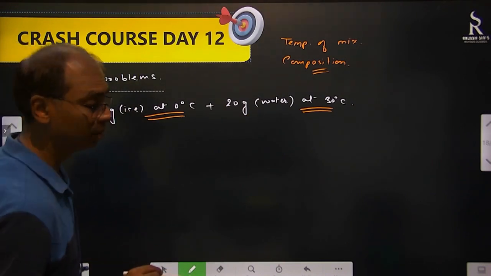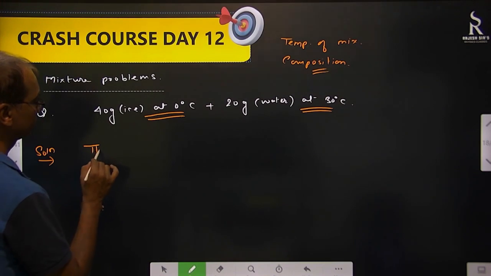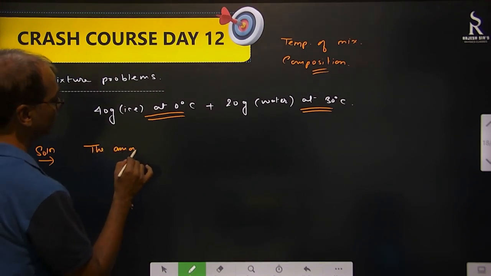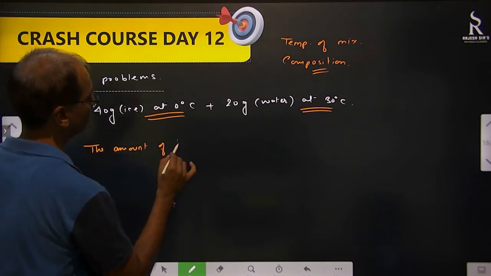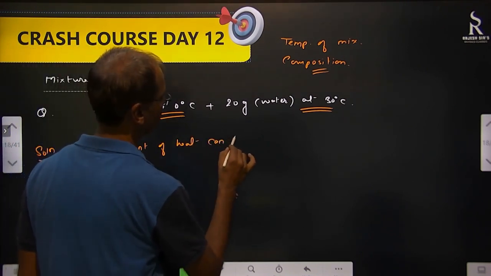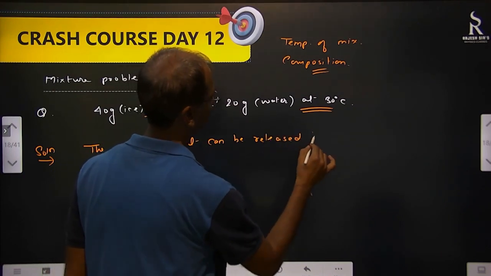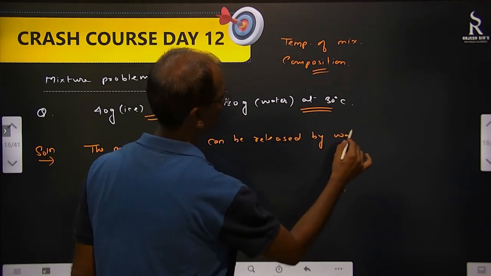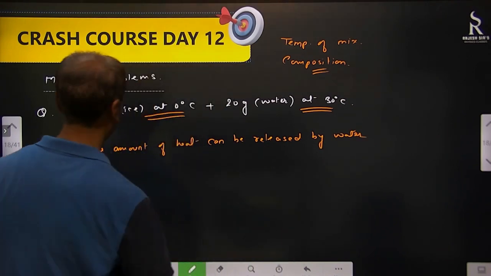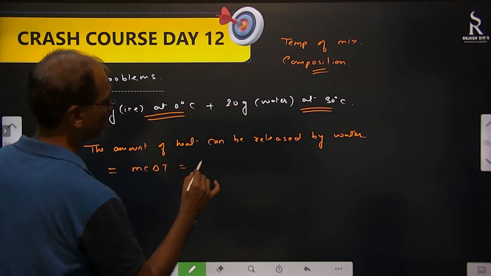Considering the temperature of the mixture is going to be 0, the amount of heat that can be released by water: we will say mc delta T. What is mass? 20.